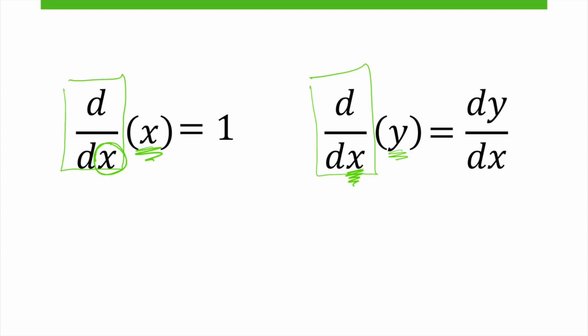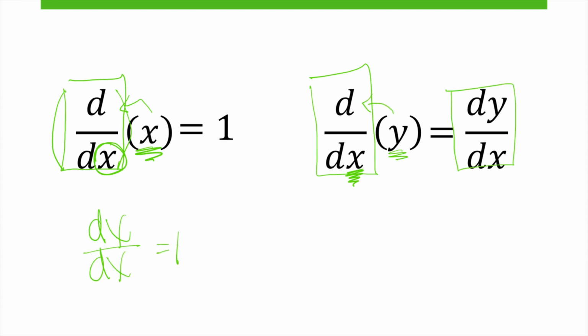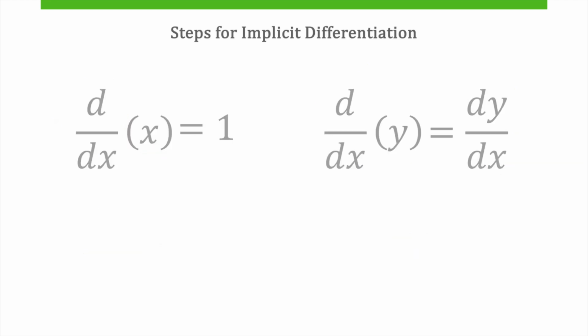And I suppose you could think about it like, if I were to just put this dx on top, multiply it together like they were all a bunch of variables, I'd get dx over dx, wouldn't I? And that's 1. But here the y pops up, it's just dy/dx. This is a very important part of implicit differentiation.